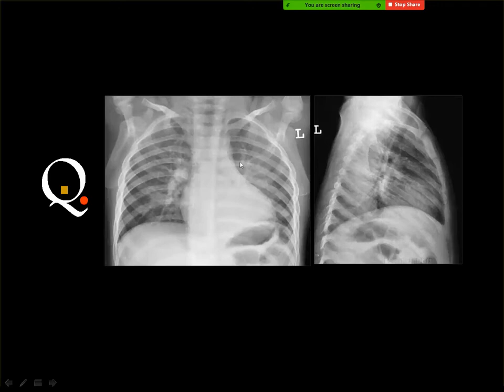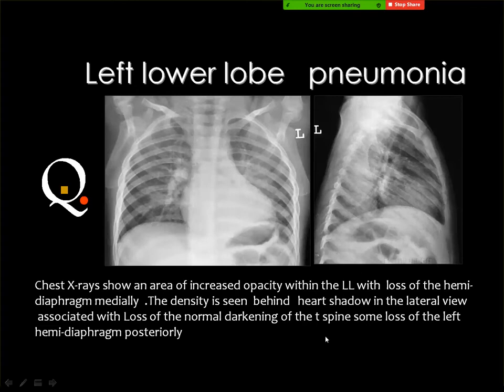If you go to the frontal view and you see an opacity here, and this opacity does not silhouette the cardiac border, meaning that it is posteriorly located, and this is left lower lobe pneumonic consolidation. This is important. Retrocardiac, doctor? Left, yes, this is a retrocardiac triangular opacity, posterior to the heart.